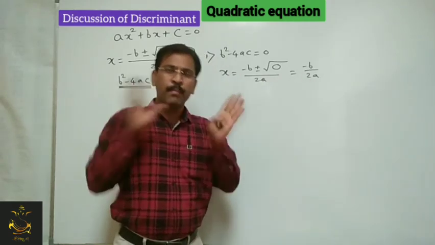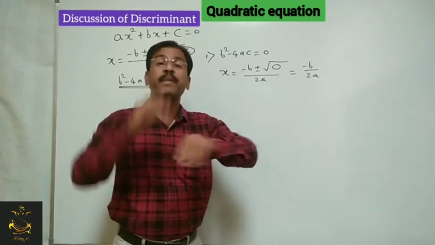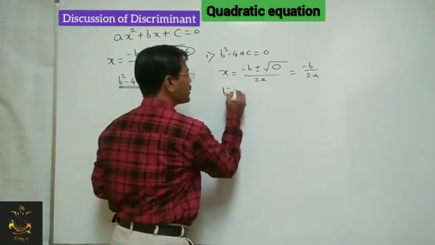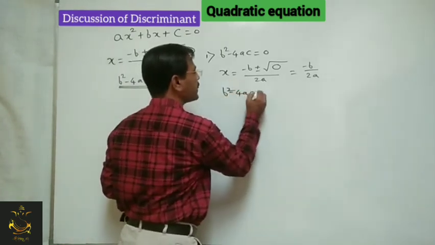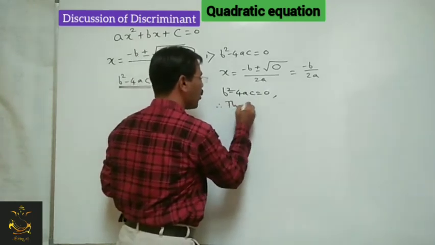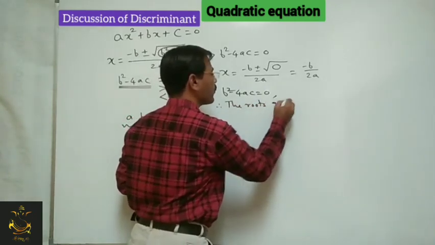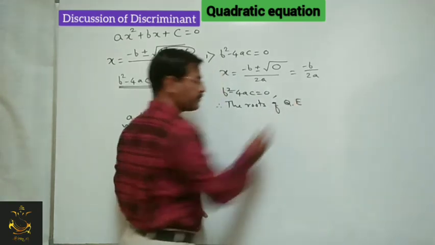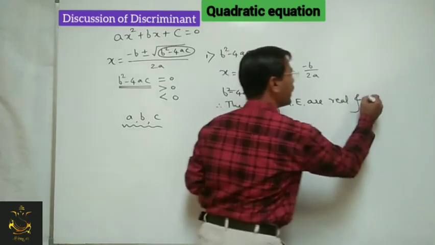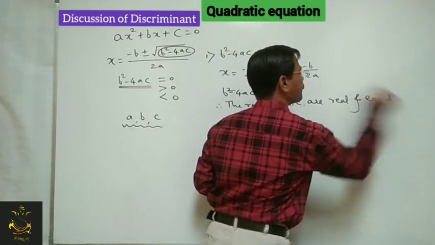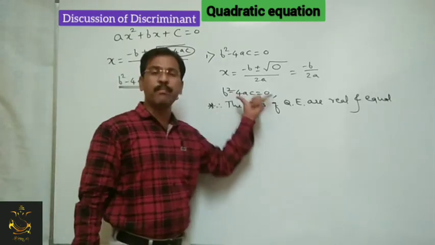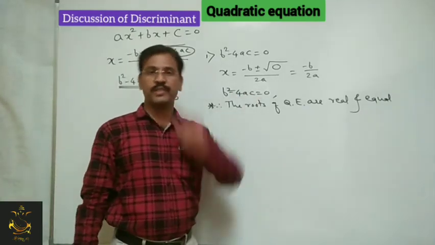Means we can get two roots, but they are equal roots. That means whenever b square minus 4ac equals 0, the roots of the quadratic equation are real and equal. Friends, this is very important.